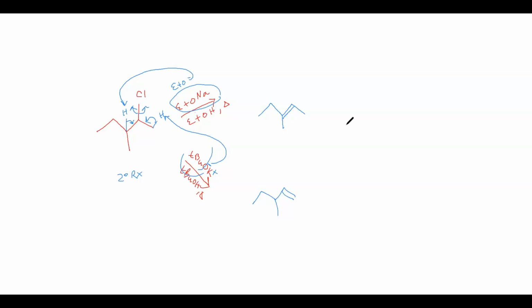Right? And we referred to this product as the Zaitsev product, and this product as the Hoffman product. Right? So these were E2 mechanisms, both of them.